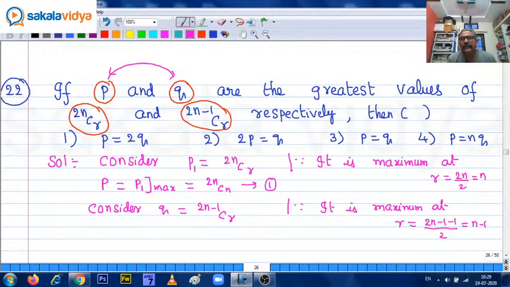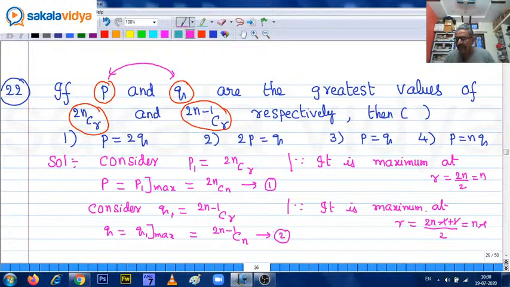Otherwise, even n plus 1 also, you take plus 1, this cancels, you get n. So that means this will be Q1. Q is equal to Q1 maximum. The Q1 maximum will be 2n minus 1 Cn. Say this is 2.